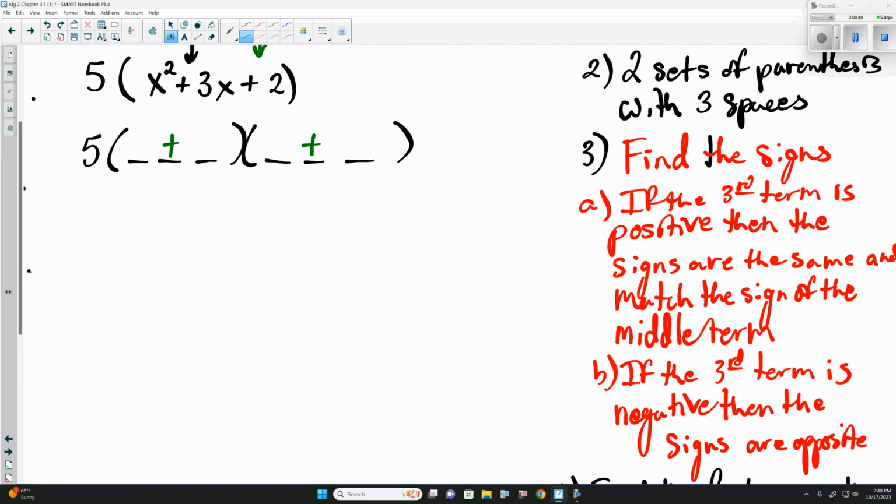So if we look back at this here, factors of the first term, well, we're finding the factors of what? So what's the first term? X squared. So what two things multiply together to give us x squared? X and x.